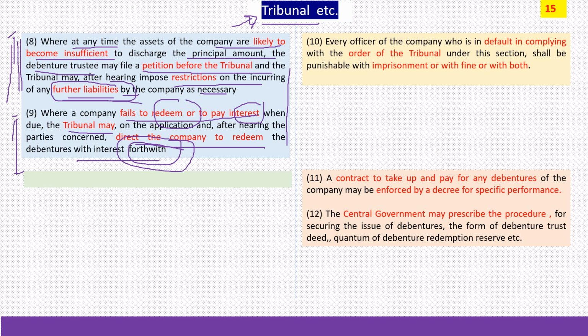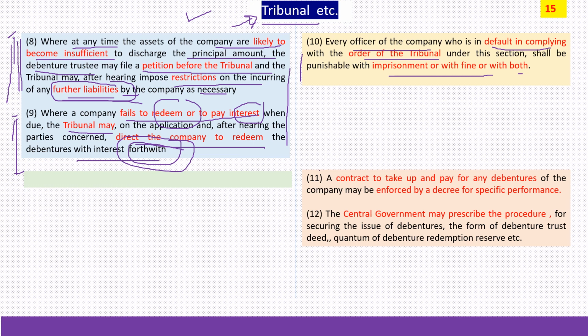And as we know, tribunal orders are court orders. They are to be complied with. If there is a default in complying with the order of the tribunal, there is extensive punishment for the officer in default, ranging from imprisonment to fine or both. And we can also make note of two points.